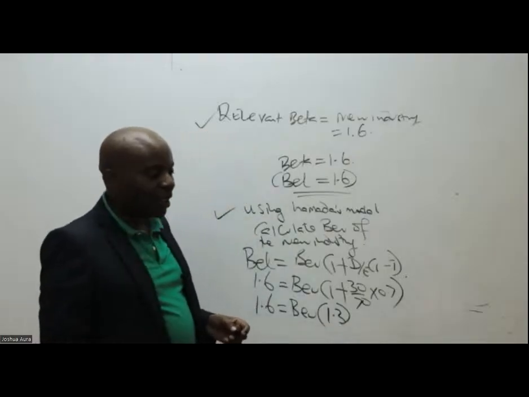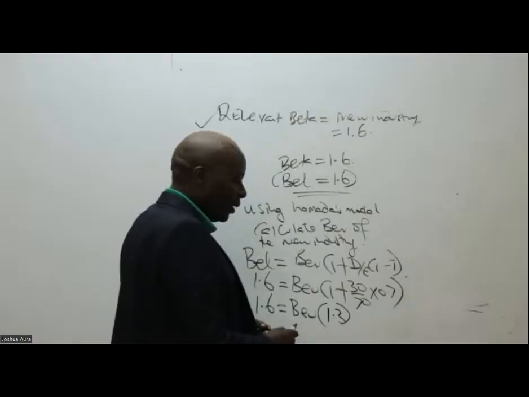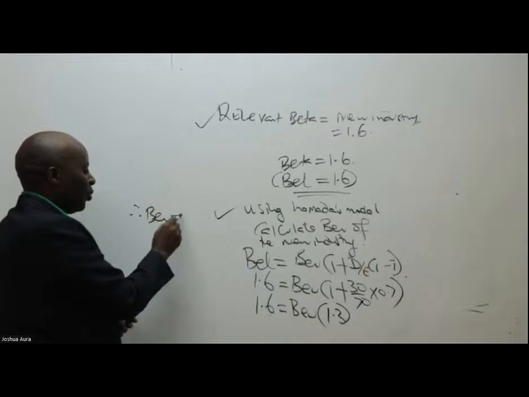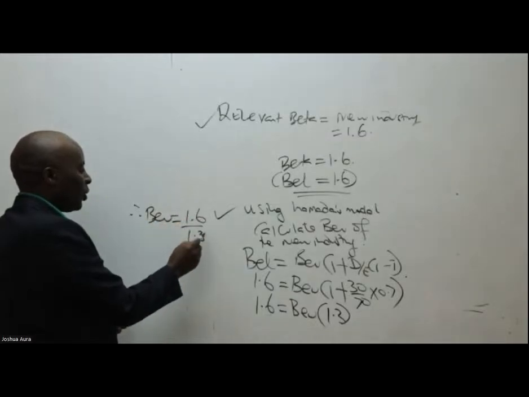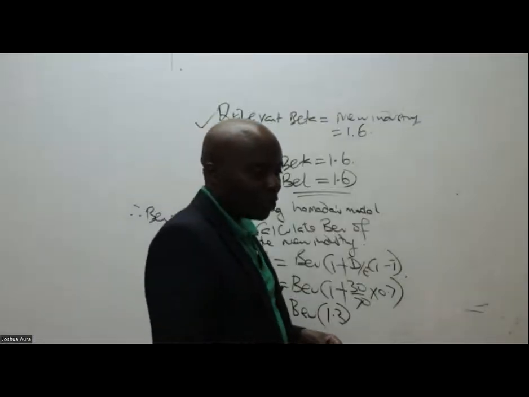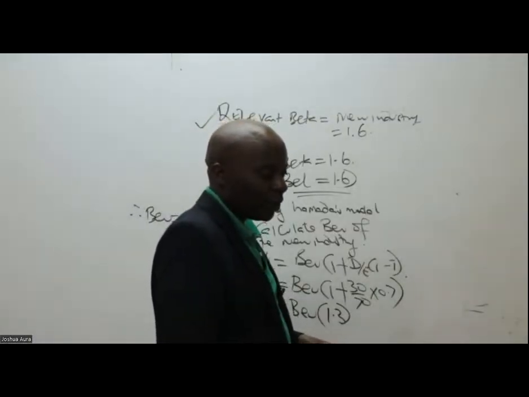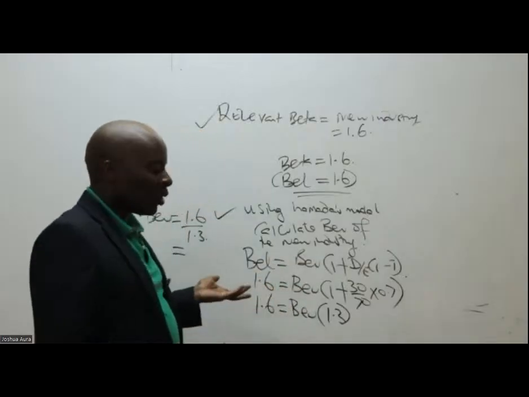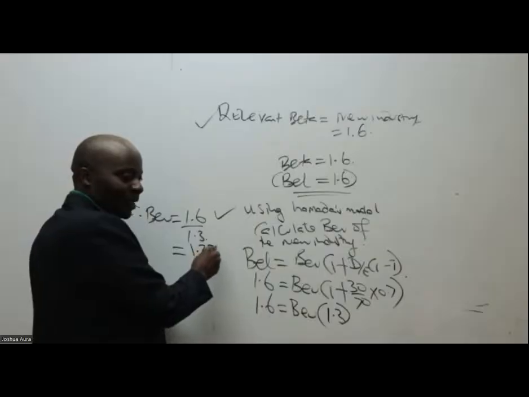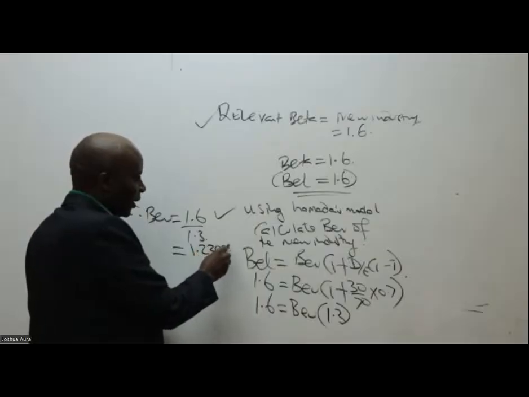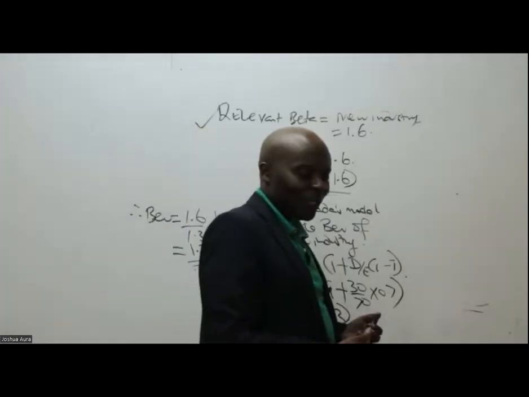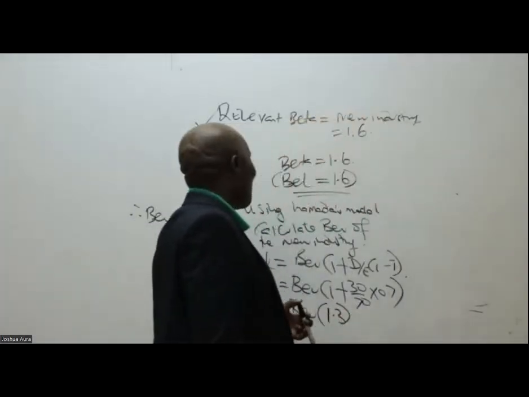So at the end of the day, my BEU will be equal to 1.6 divided by 1.3, which is 1.23. You got it, there is no different figure. Thank you so much, that is wonderful.